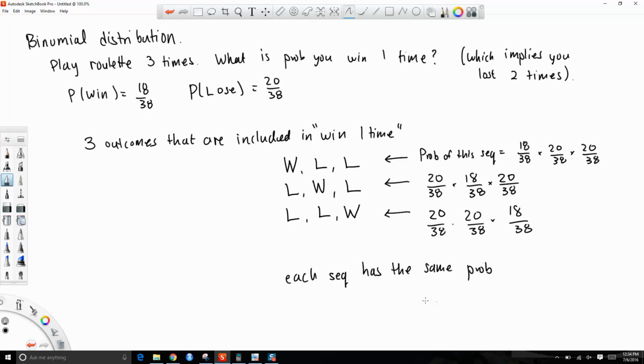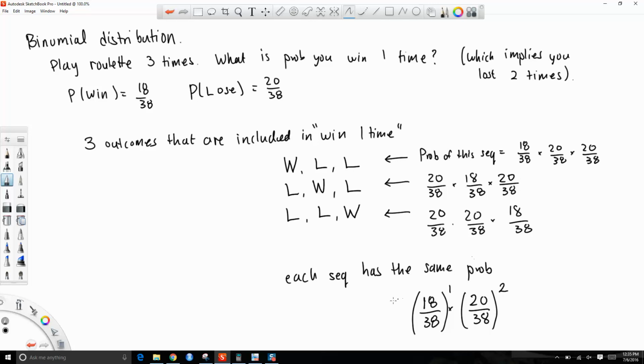Which is 18 out of 38, for winning 1 time, times 20 out of 38 raised to the 2 power. Each of these has the same probability: the probability of winning raised to the number of times you've won, once, and the probability of losing raised to the number of times you've lost, twice.